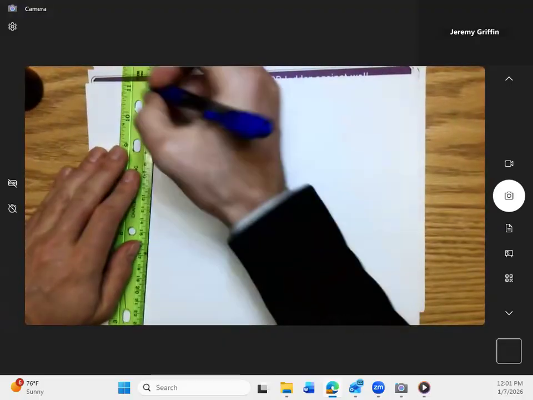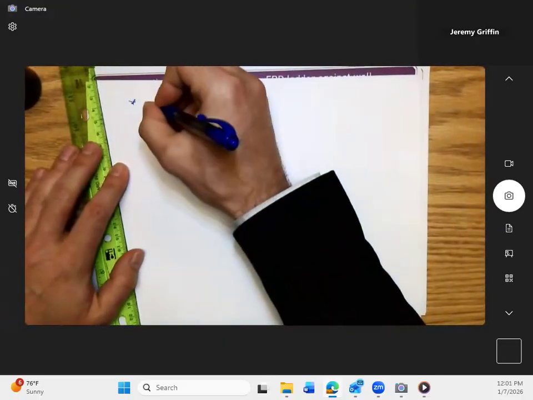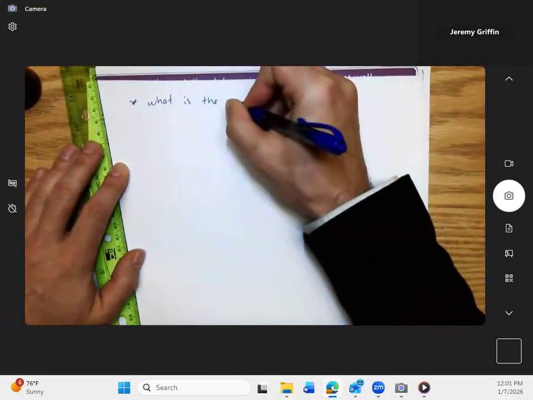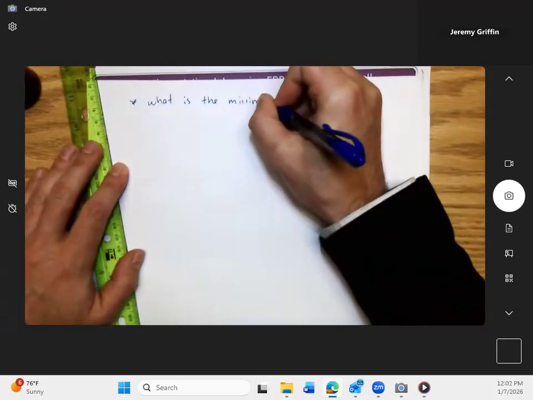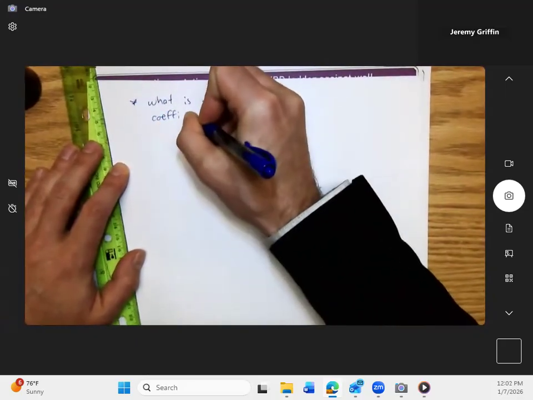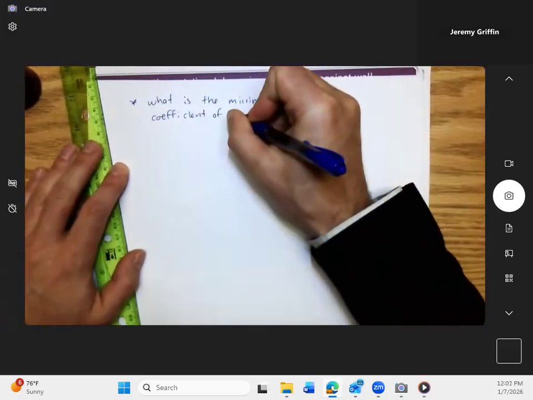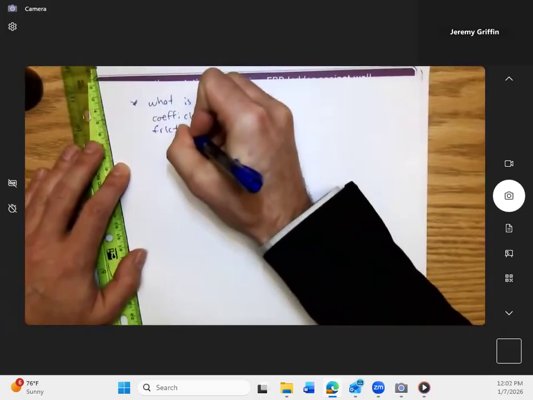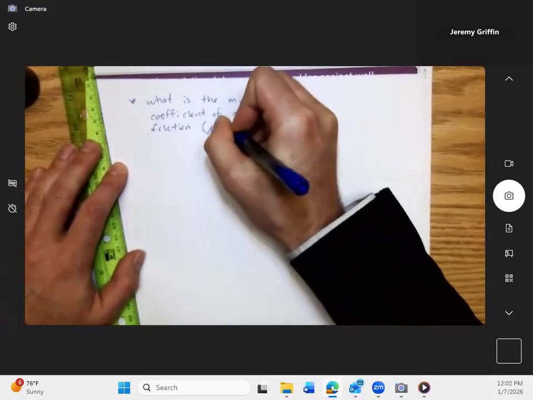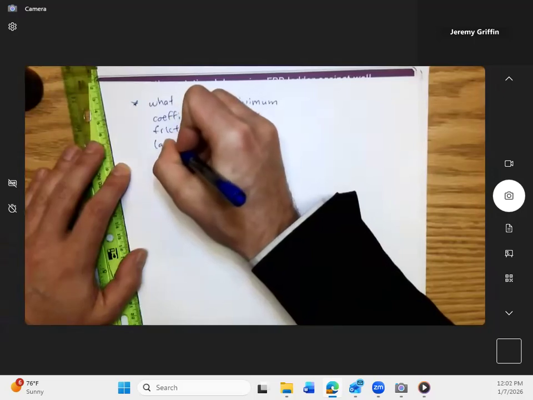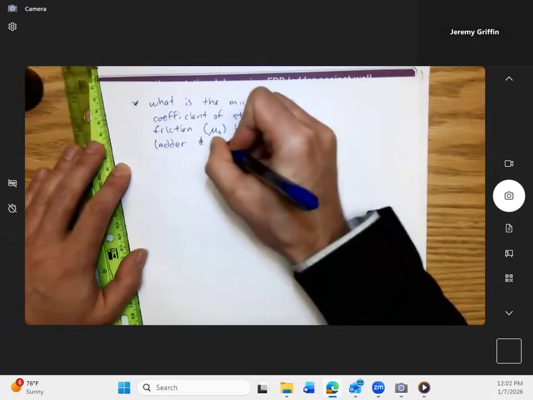All right, so what is the minimum coefficient of static friction, mu sub s, between the ladder and the floor?